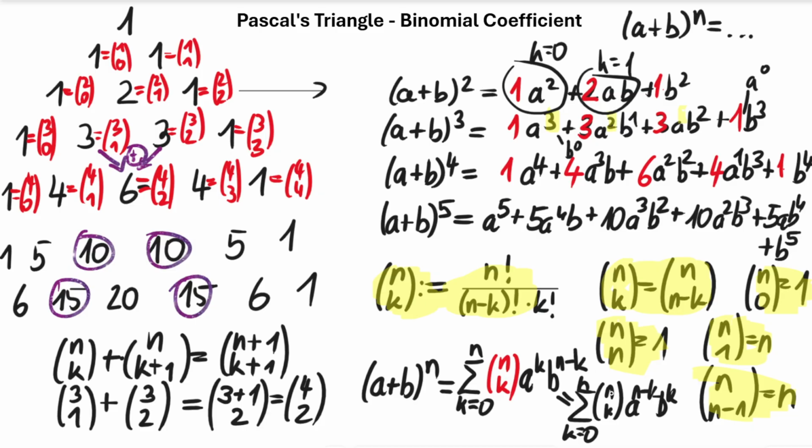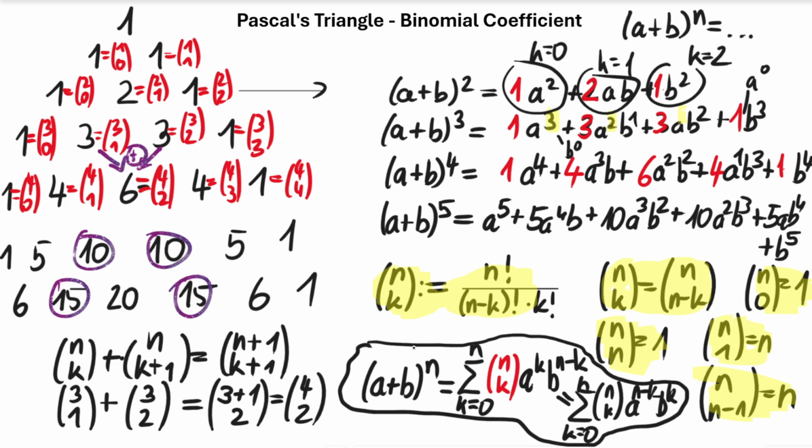So you have here 2 choose 1, which is 2, a to the power of 2 minus 1, so it's a, b to the power of 1. And the next one is if k is equal 2, analogously. So this is the famous binomial expansion.